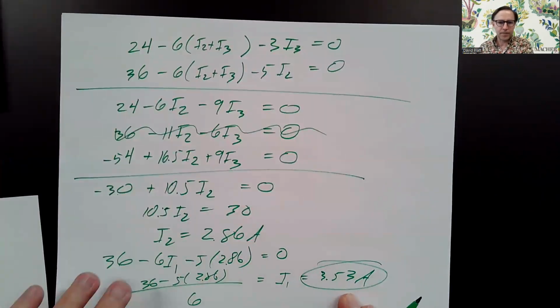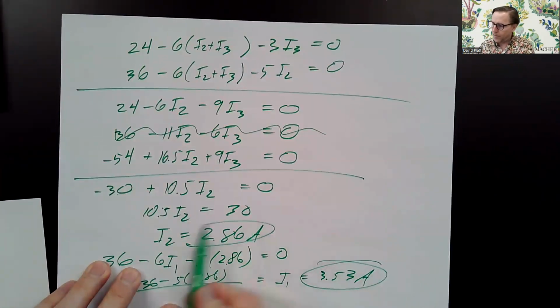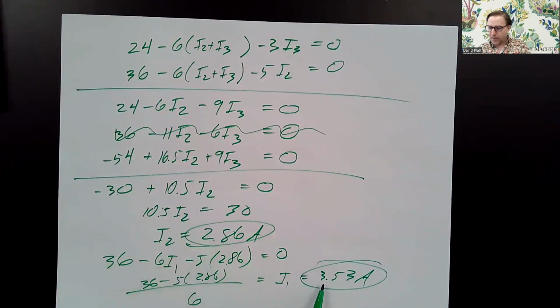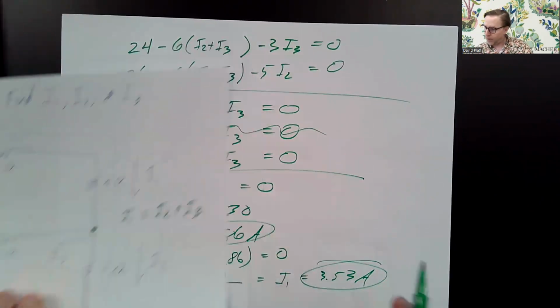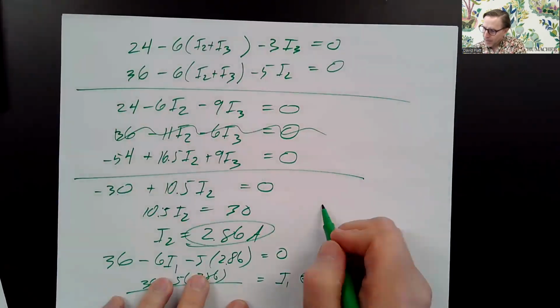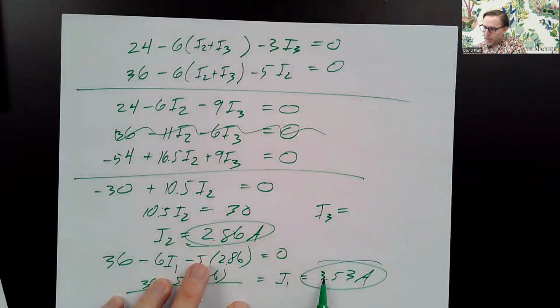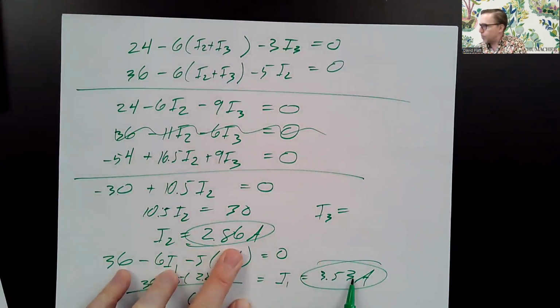I wrote down the book's answers. So there's I1, there's I2, and when I add those, I1 plus I2 equals I3. I3 equals 3, 4, 5, 6.3, about 6.4 amps, which is not right. What am I looking for?